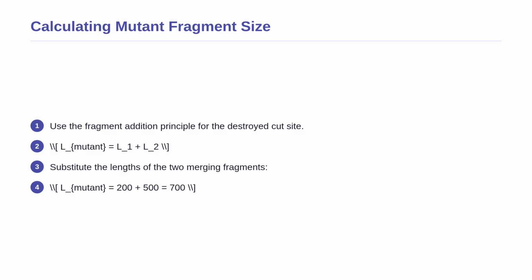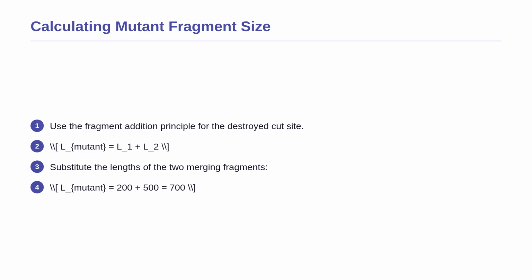Let us work through the mathematical reasoning for the mutant allele. Since the cut site is destroyed, the adjacent fragments merge into one larger fragment. We calculate the merged fragment size by adding the lengths of the 2 fragments that are no longer separated by the enzyme. L mutant equals L1 plus L2.